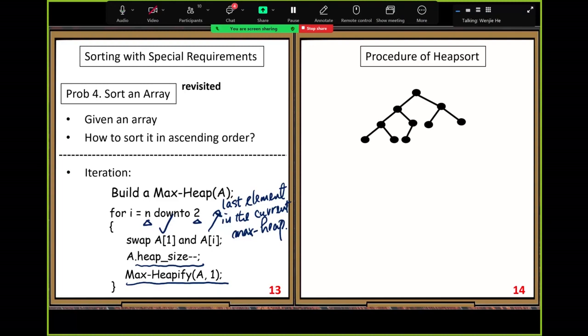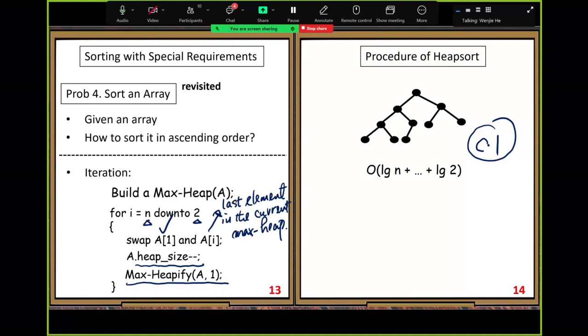Here, I use a simple diagram. When we run the max heapify, the swap is just one operation, some constant c times 1 operation, so that's the small part.